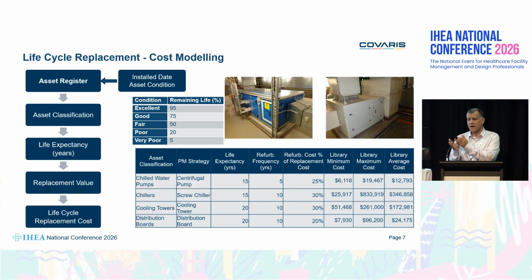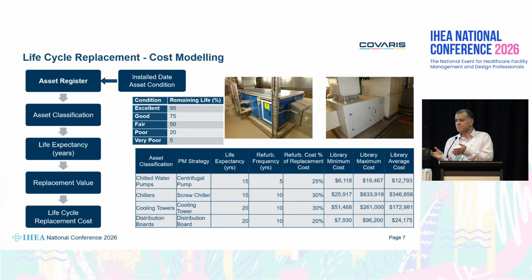And then you also have costs. It's rarely that we have accurate costs in the asset management information system. That's why we developed all this data by asset class. So we say, okay, in our library, for that asset, the minimum cost is $25,000 across the historical data that we have seen.